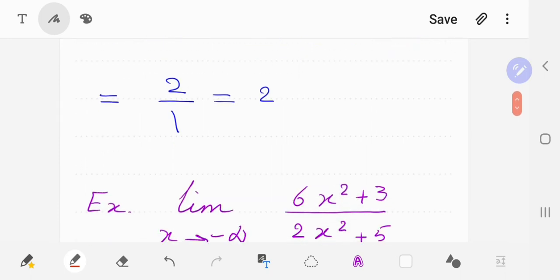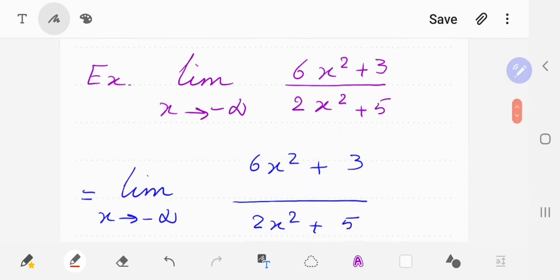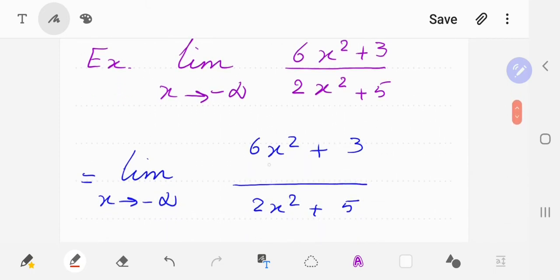Let's have a look at another example, like this one. We have the limit of (6x squared plus 3) over (2x squared plus 5) as x approaches negative infinity. As you notice here, the highest power is 2, so I'm going to divide each term by x squared. Let's do that.